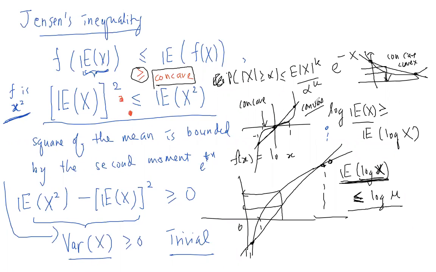So not so simple. It is convex for x greater than 0 and concave for x negative. So maybe a bit hard to use this inequality, because it will depend on the particular intervals of x that you take.